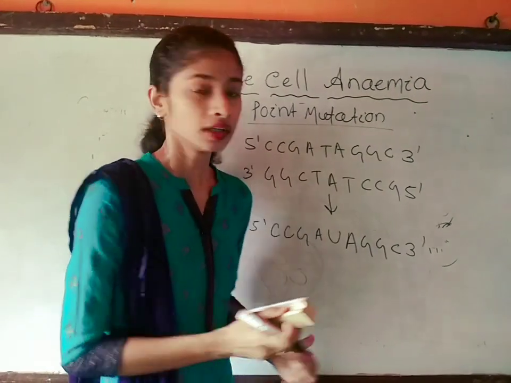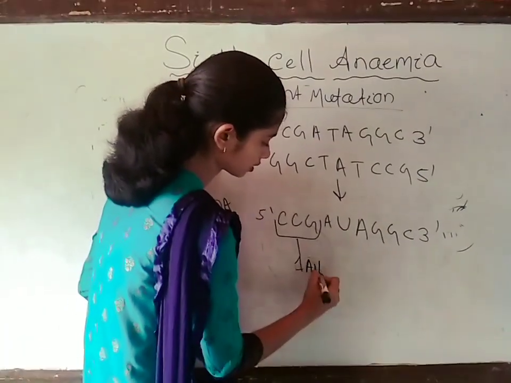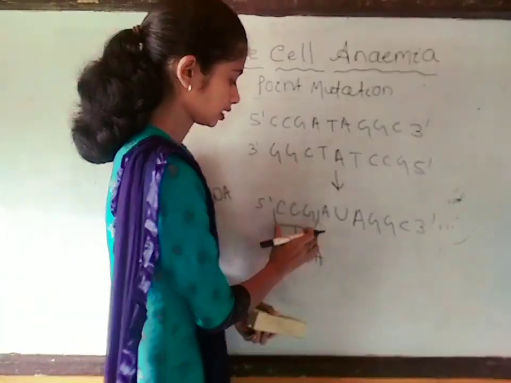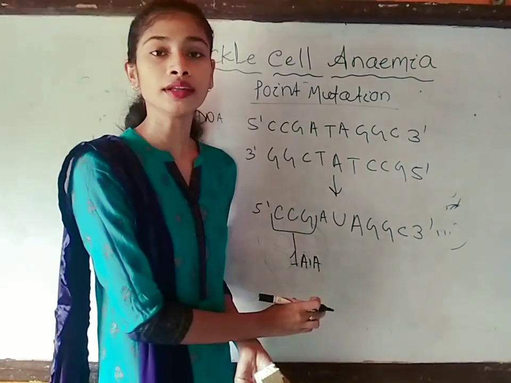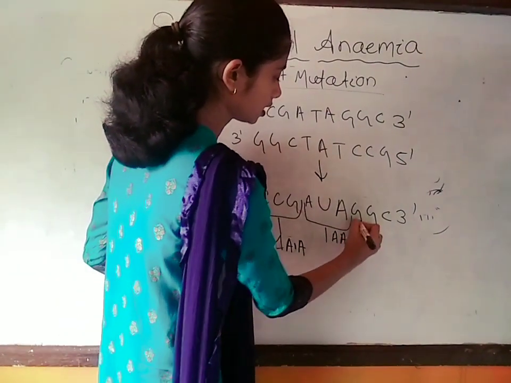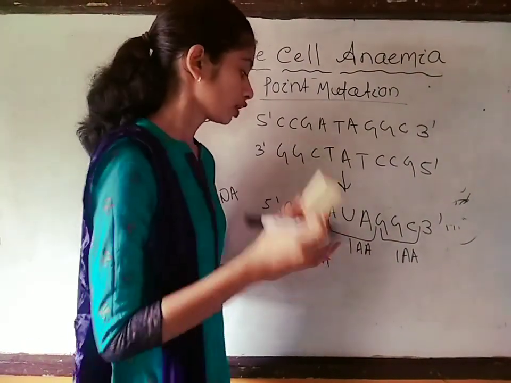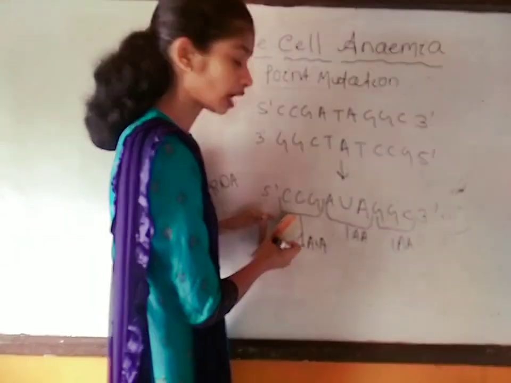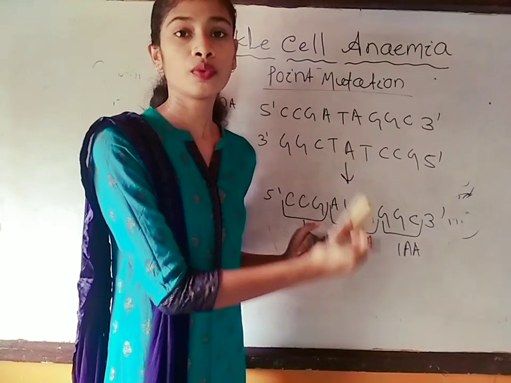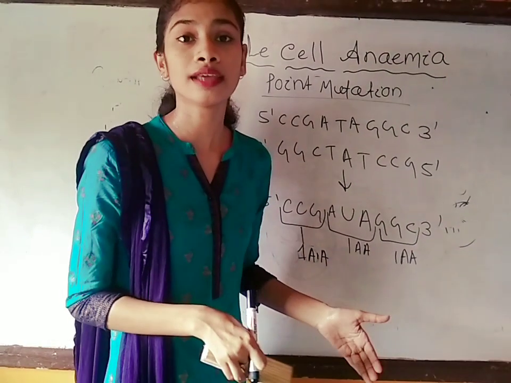According to the universal codon, 3 nucleotides will code for 1 amino acid. Here CCG will code for 1 amino acid, here also 1 amino acid, and these 3 will code for 1 amino acid. According to the universal code, particular nucleotides will code for a particular amino acid, not any other.